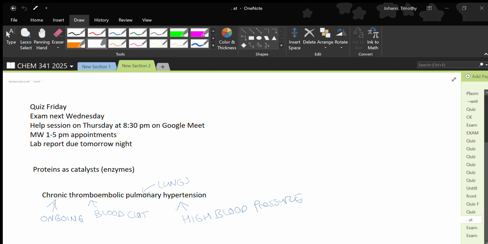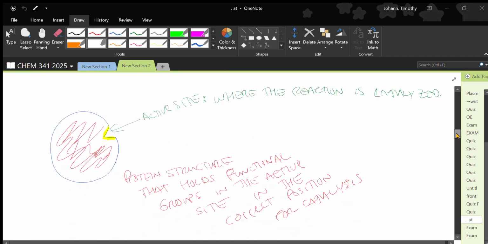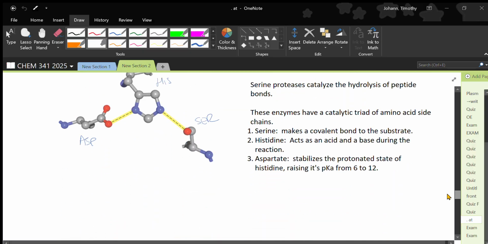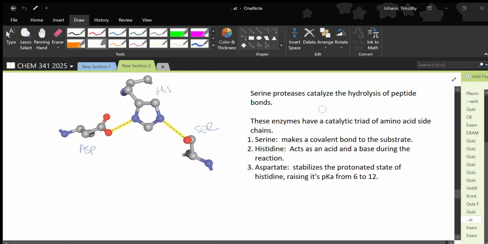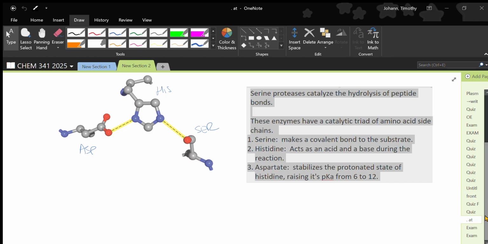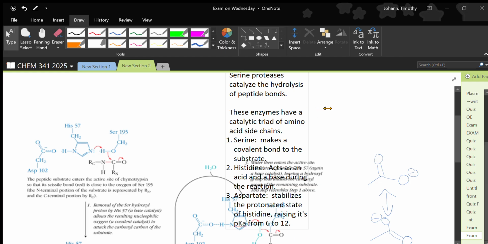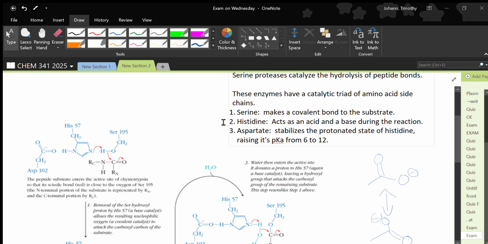Can we just do that? Yeah. Okay. Actually, I don't need to be that stingy. Because I have technology and I can just do this. All right, just copy this over. And we also want to remind you, we refer to these as the catalytic triad.